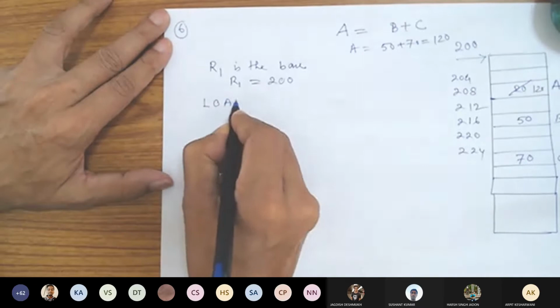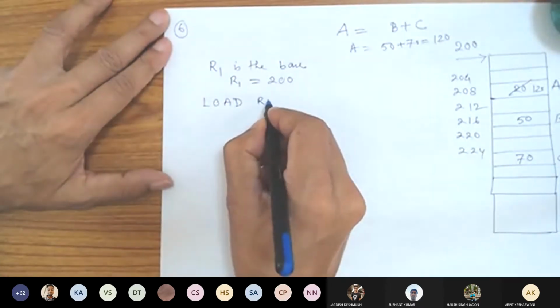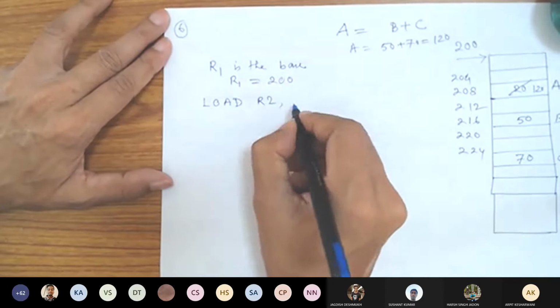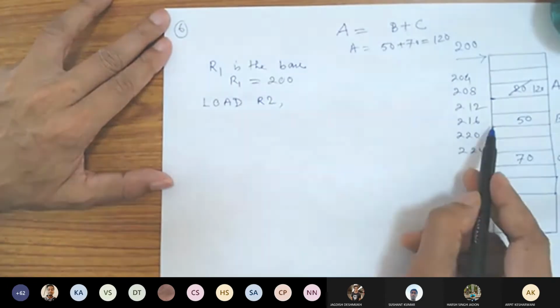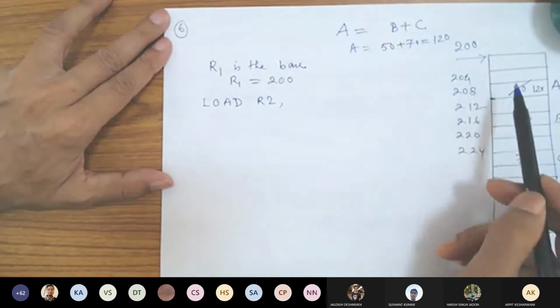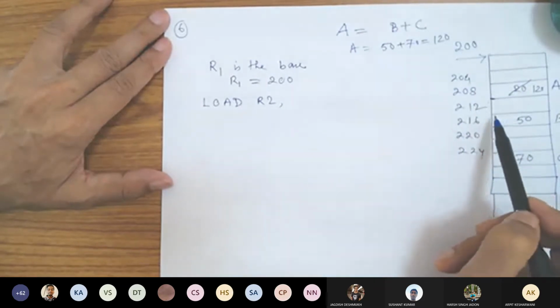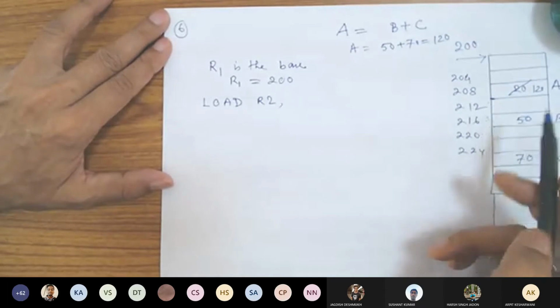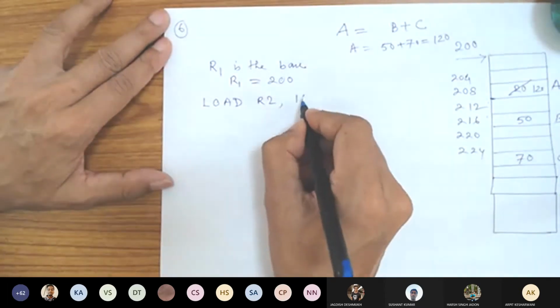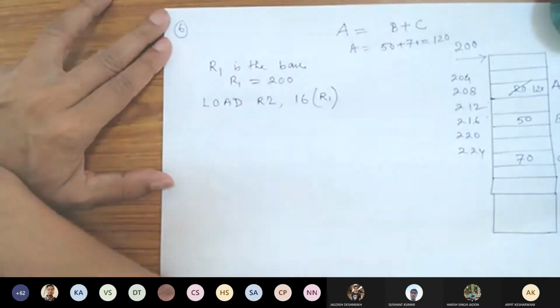Load R2. You need to load B. This is 0 offset, this is 4 offset, this is 8 offset, this is 12 offset, this is 16 offset. So load R2, 16(R1).